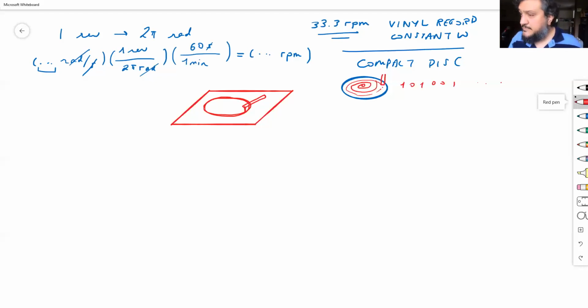All right, so on the record, there are grooves. Okay, so if you zoom in on a record, and here's the needle, or what do you call it, stylus?